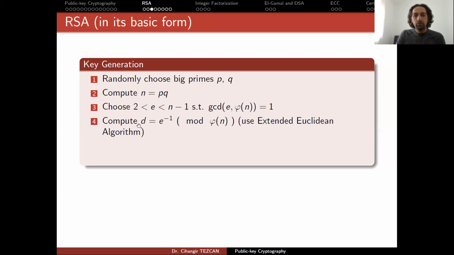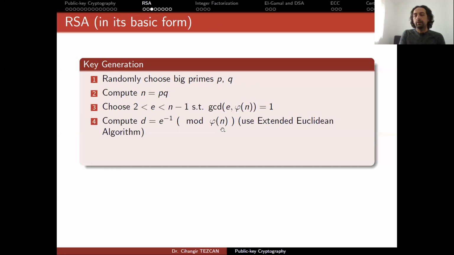So next step is to compute the inverse of E modulo phi n. So you might think that this might be a hard problem. By the way, when we talk about modular inverse, this means that D is such a number that when you multiply it with E modulo phi n, you obtain 1.